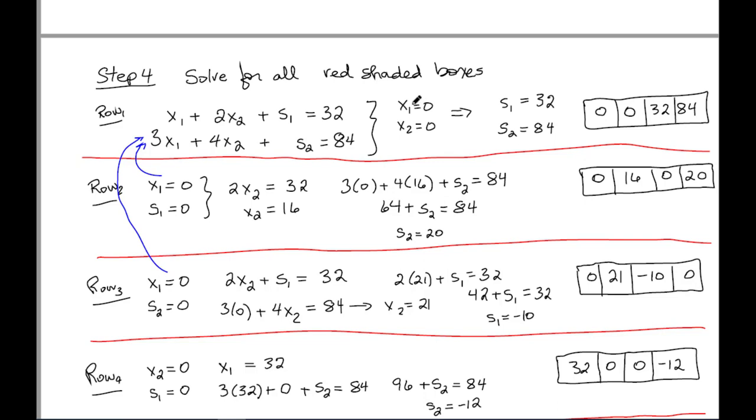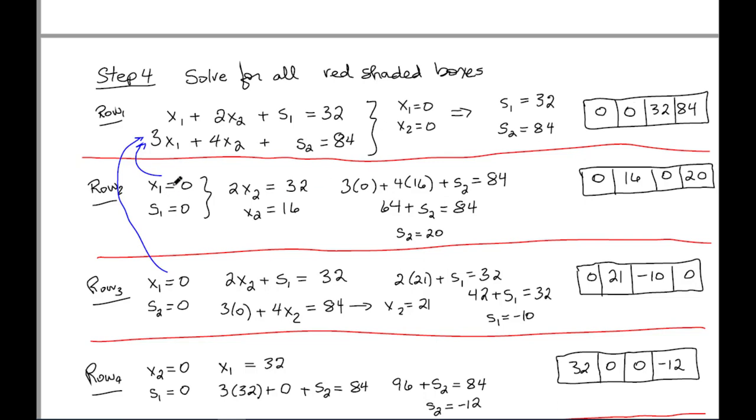What do you mean? Well, if x1 is 0 and x2 is 0, what happens? 0, 0. S1 is 32. 0, 0. S2 is 84. So this completes the first row where the first two were 0.